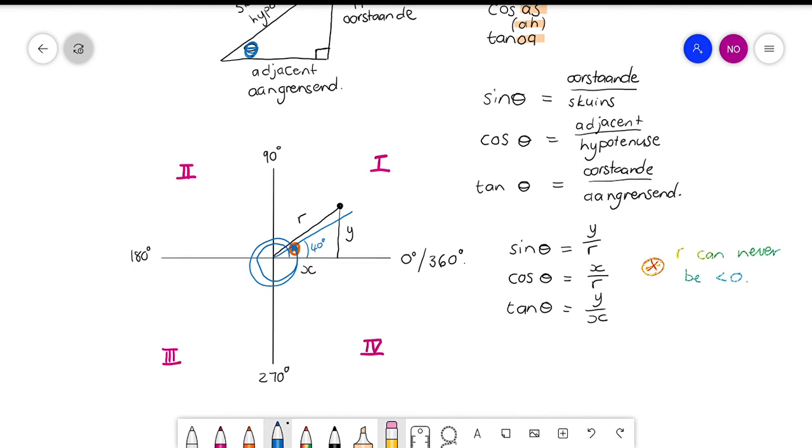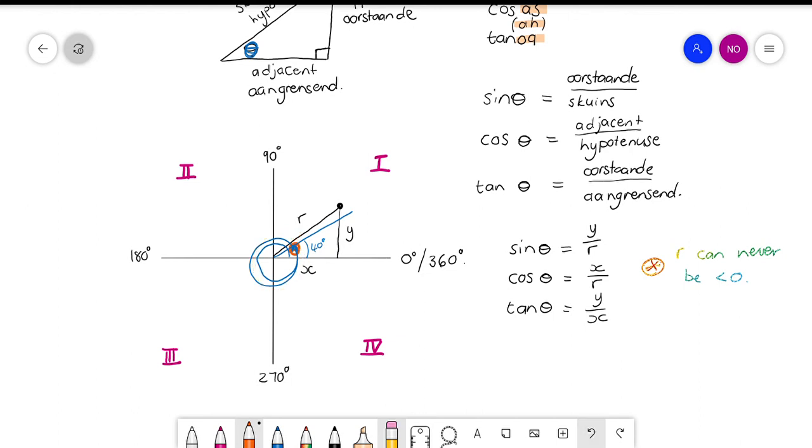As ek 360 grade omgaan, gaan ek elke keer by dieselfde lyntjie eindig. Sien julle dit? 360 grade om, dan eindig ek weer by dieselfde lyntjie. And I can go in the opposite direction as well. If I go this way around, and I go 360 degrees around, I still end up on 40 degrees.